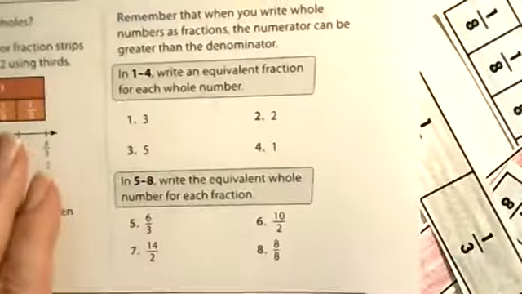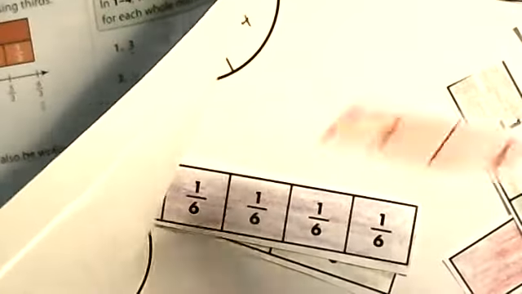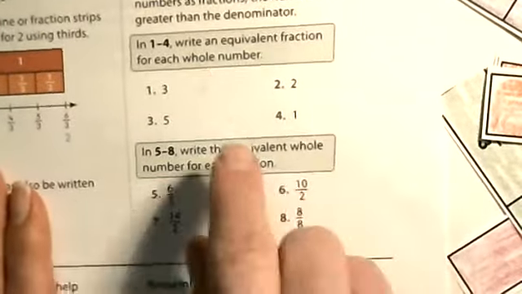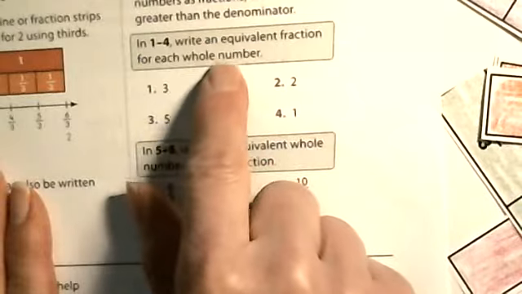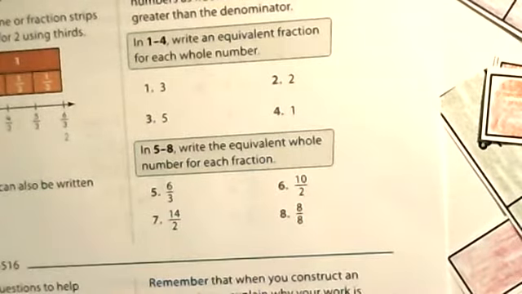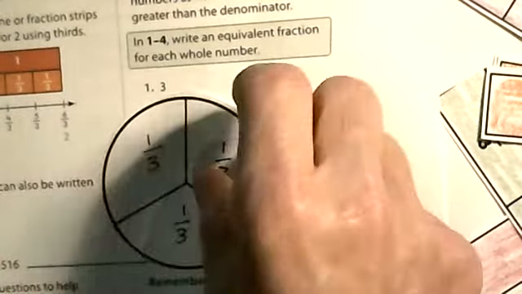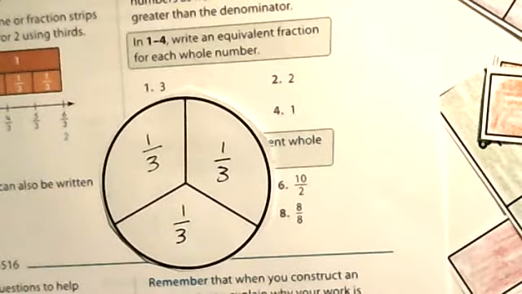So we're going to do some over here because I do have all my fractions that I haven't cut up. What they want me to do here is write an equivalent fraction for each whole number. So they want 3 wholes. I don't need a fraction strip.